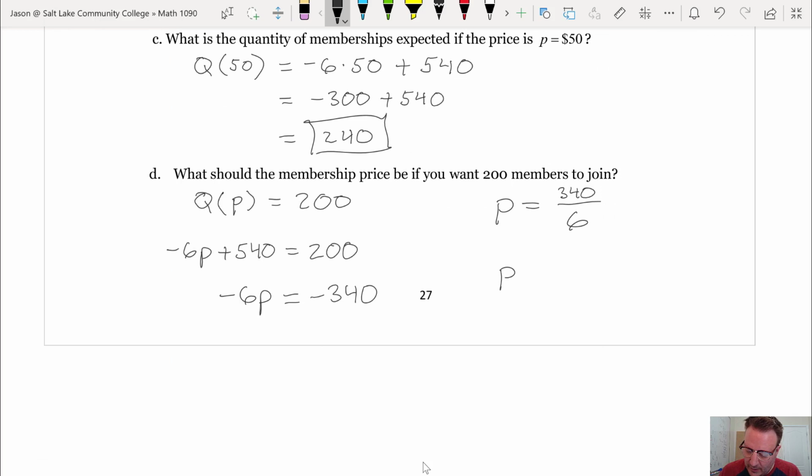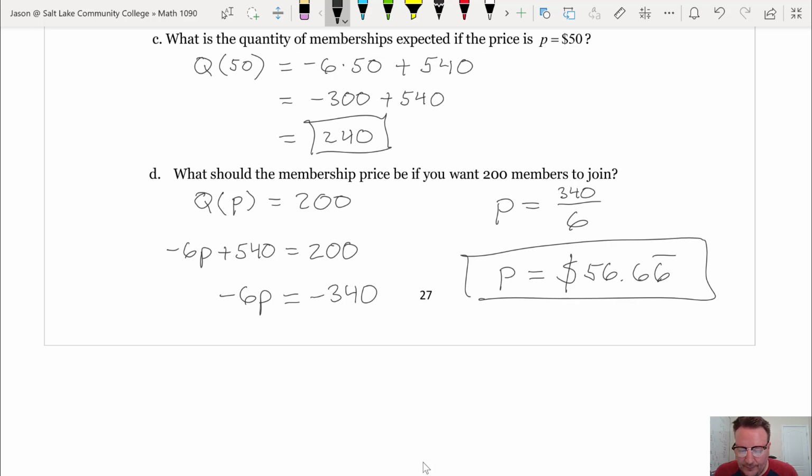So P is equal to, this is a price now in dollars, so $56.67. All right. And this concludes section 1.4.